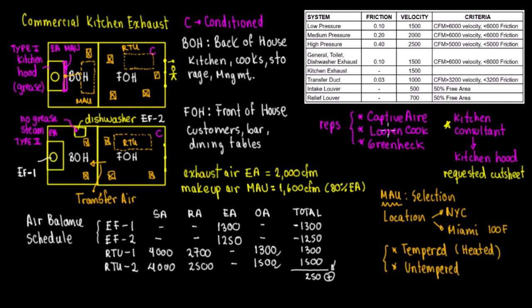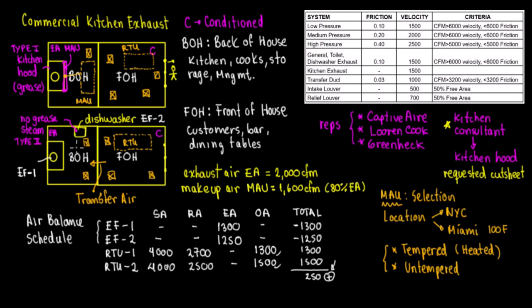So different manufacturers, for example, Captive Air, Loren Cook, Greenheck, they have different options. Like they have modular cooling coils, DX, or depends if you want hydronic. And then in New York City, it's not a good idea. You have to have tempered, you have to have heated, because if you don't have it, then inside it's very cold.